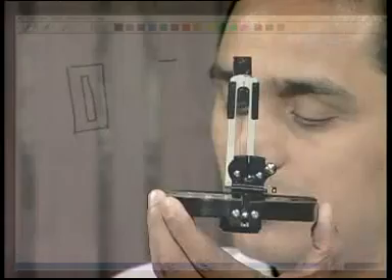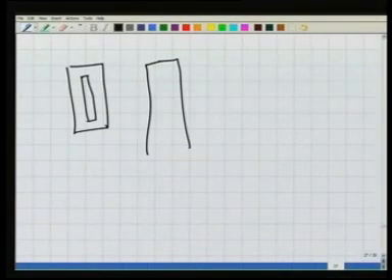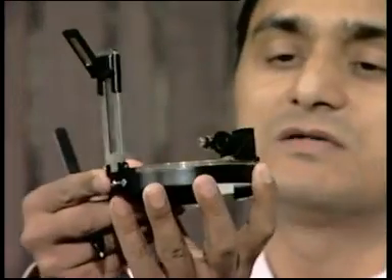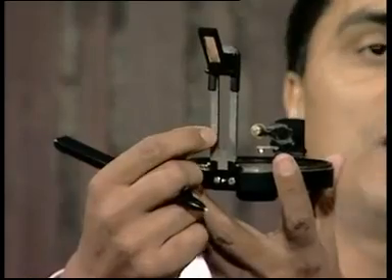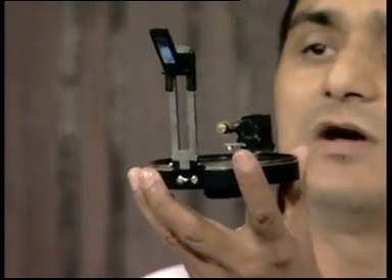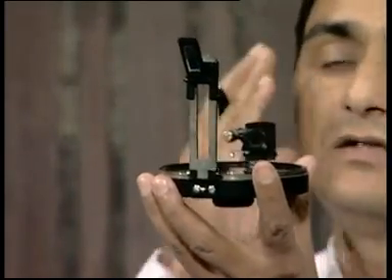On the other end, we have a very thin wire or thread. Now we make use of the compass so that we are looking through this slit and this wire, and we can align it along any line. So I can use my master eye, my right eye, and look through it so that it is aligned along a line. I am at point A, I am looking to point B.